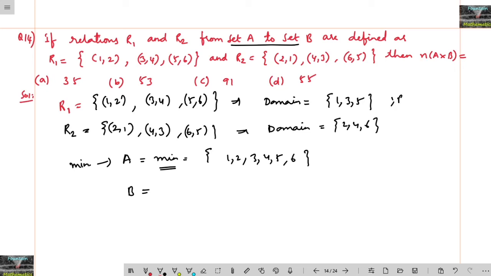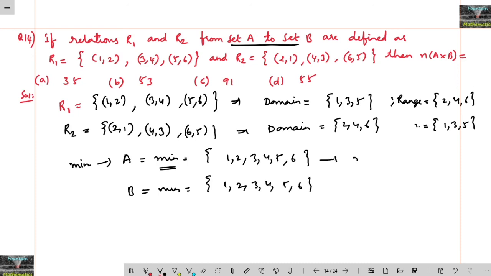The range of A here is 2, 4, 6, and here we can consider the range 1, 3, 5, and the range minimum we can consider 1, 2, 3, 4, 5, 6. So here also 6 are there, means minimum number n of A is equal to 6 and minimum n of B is also equal to 6. So minimum elements in both the sets must be 6.